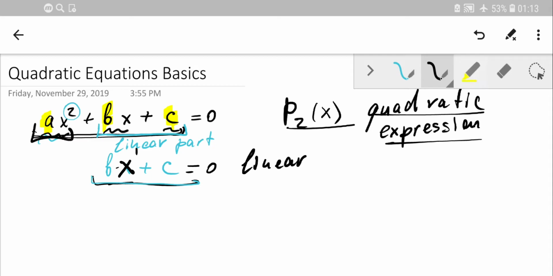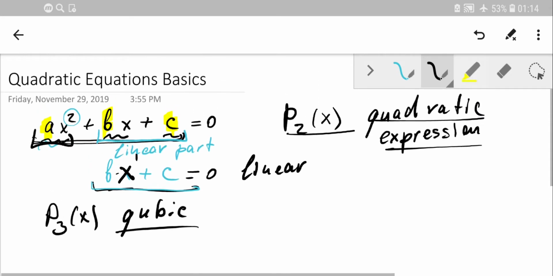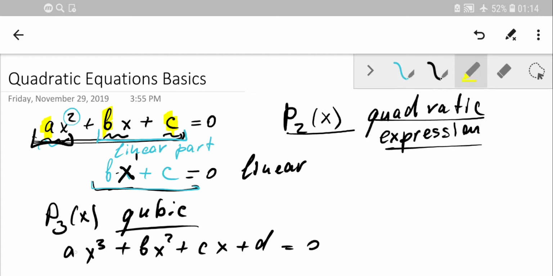Just looking ahead, what if you want to create a cubic structure? That's simply P3 of x, cubic. I'm giving you an analogy to help you understand how it works for a general power n. P3 is simply ax cubed plus bx squared plus cx plus d. In this case, I'll use a few more coefficients: a, b, c, and d.